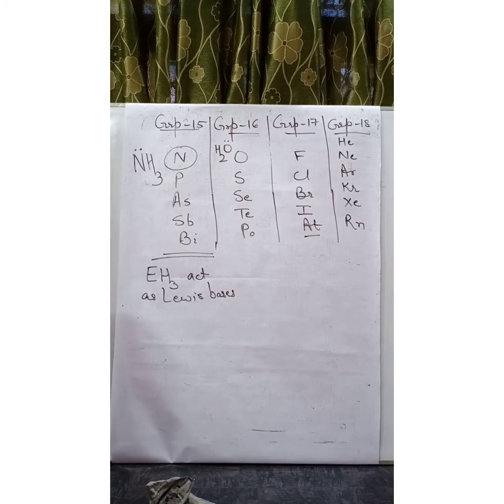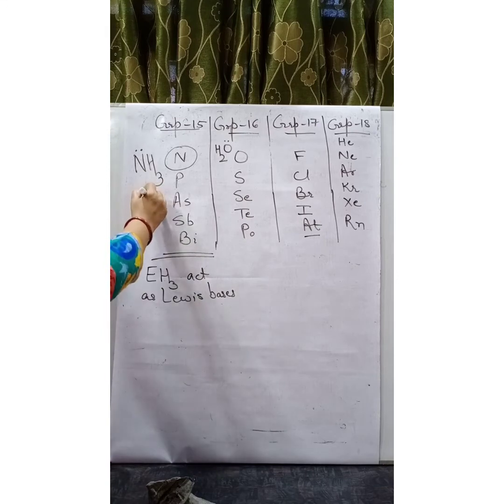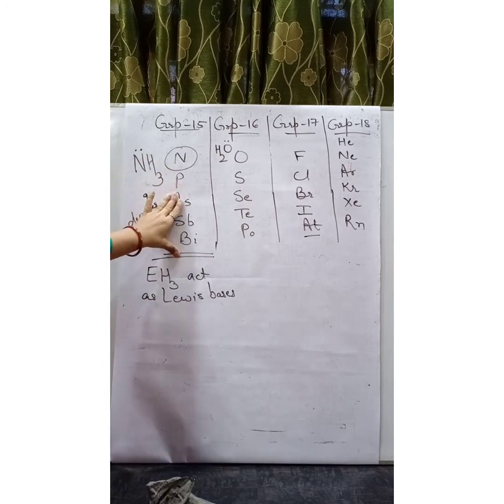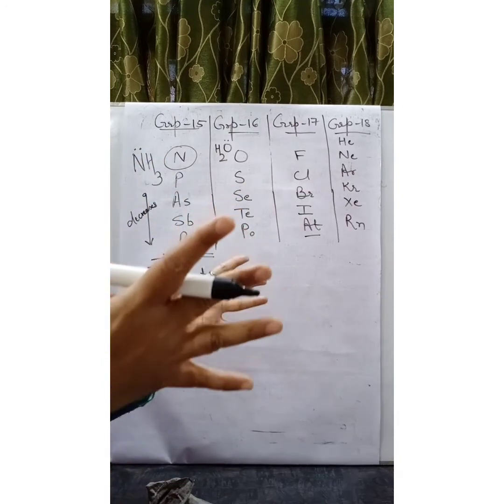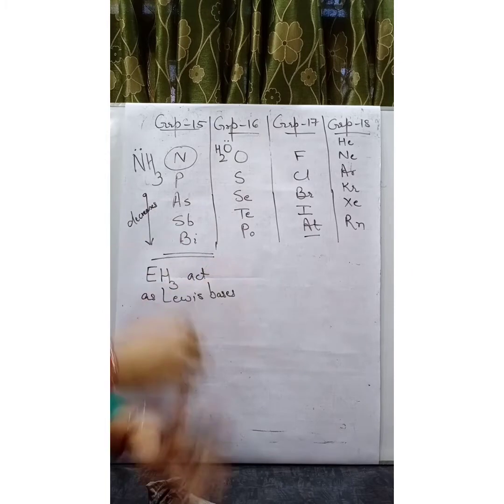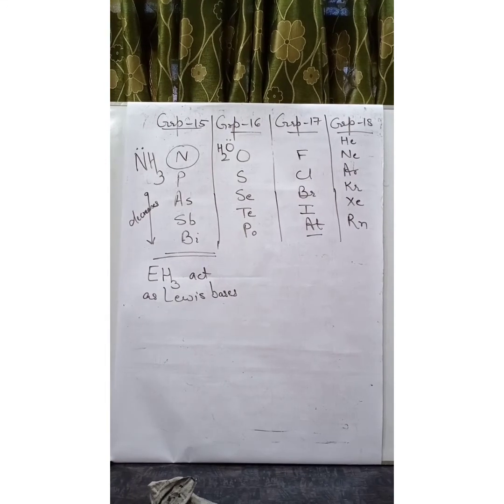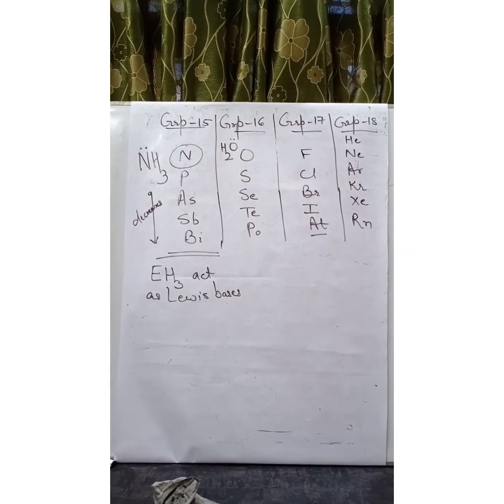As we move from top to bottom, the tendency to donate lone pair decreases due to increase in atomic size. When the size increases, the electron pair gets dispersed over the atom, and as a result the tendency to donate goes on decreasing when we are moving down from top to bottom.